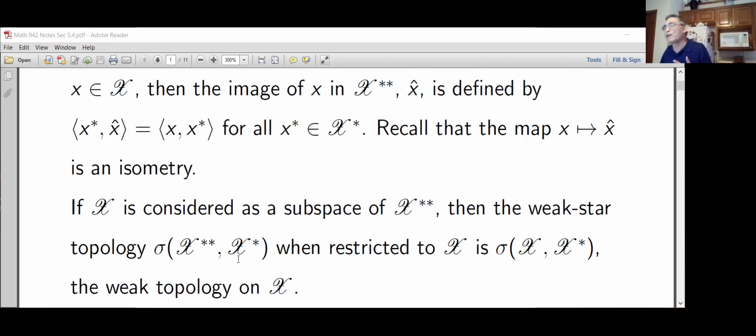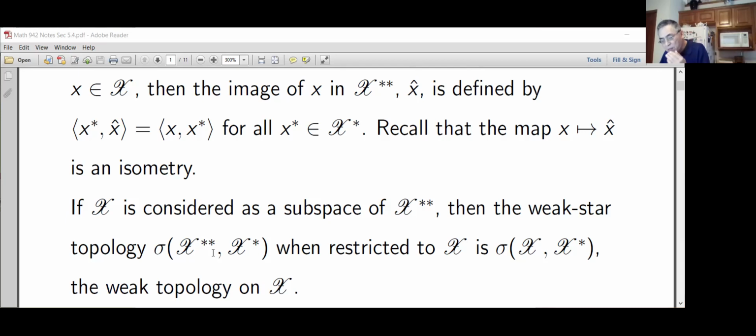A simple way to understand this is that this topology is originally a topology on X double star.